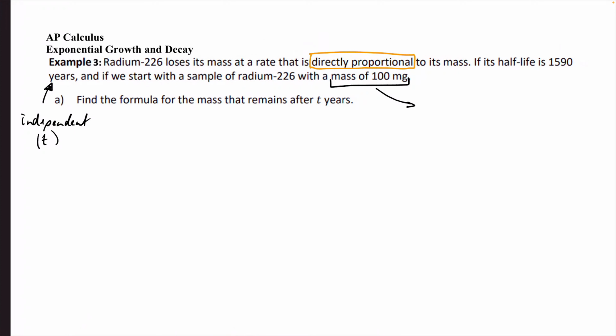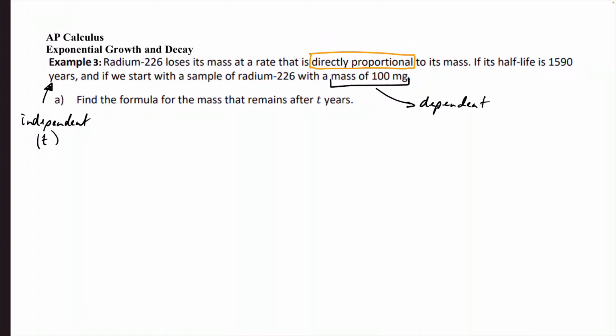Right, that's your dependent. So when I'm doing this, you might ask, why don't you use milligrams? I don't like to use more than one letter. I'm not going to put mg because there's enough letters that we use. Why do I want to make another one?